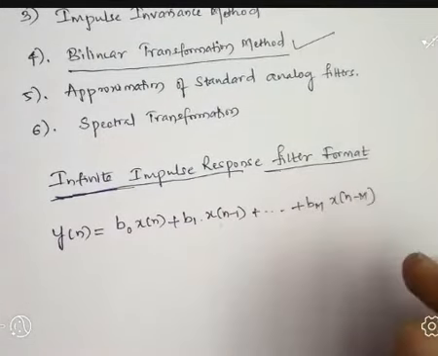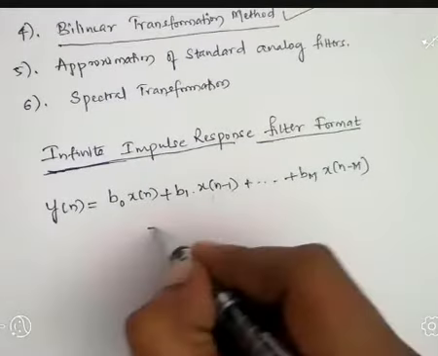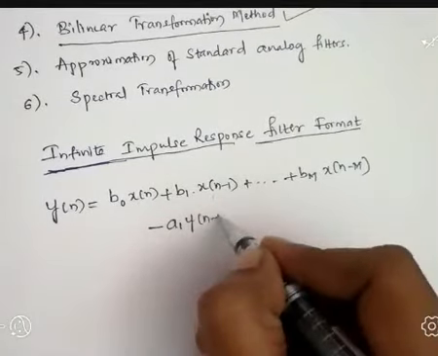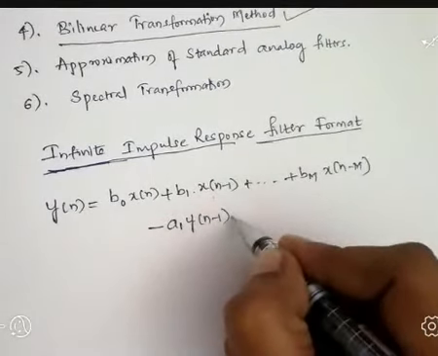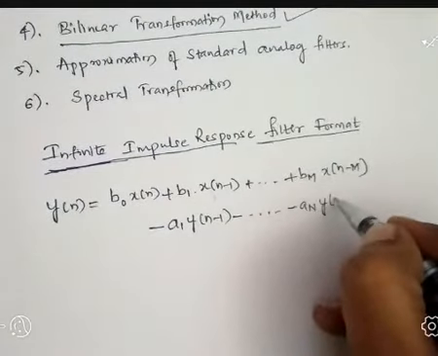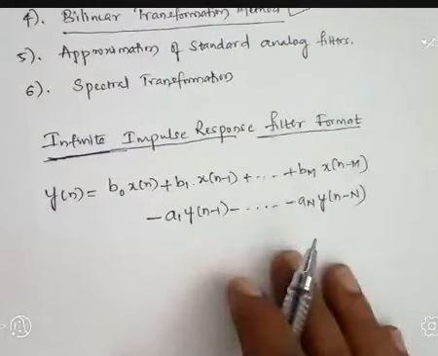Okay, this is about the input. Similarly, if you are considering the output, minus a1 coefficient term y of n minus 1, minus so on up to minus aN y of n minus capital N. It is the representation of an IIR filter in terms of a difference equation.